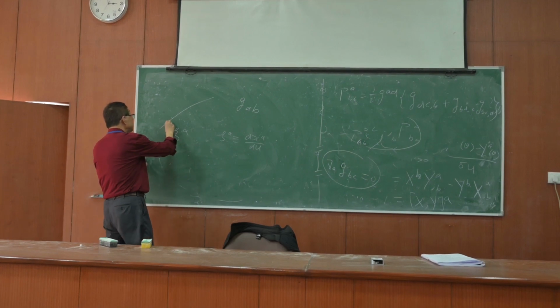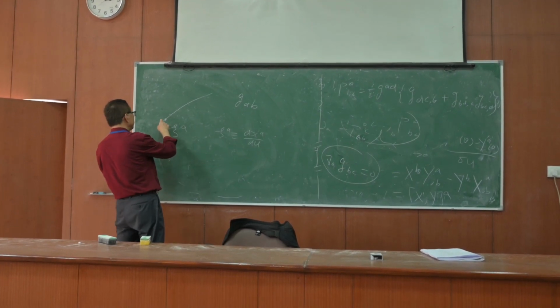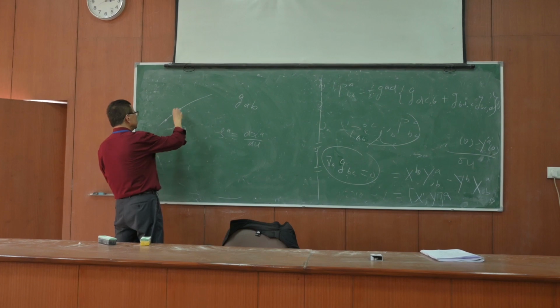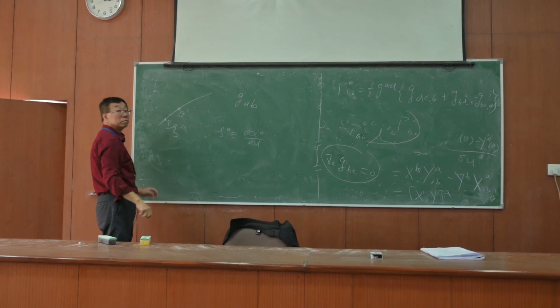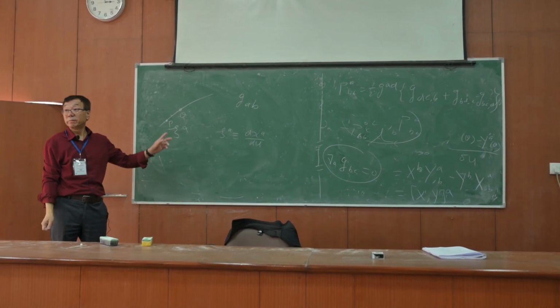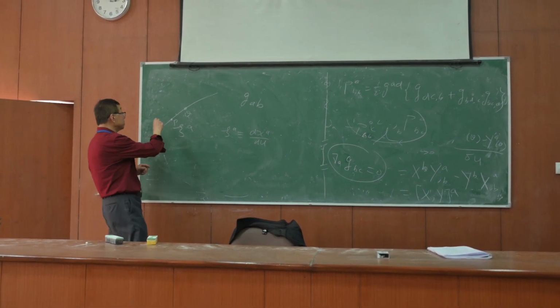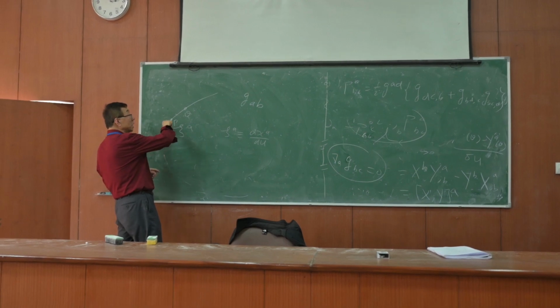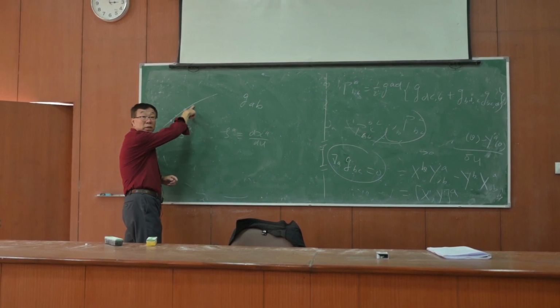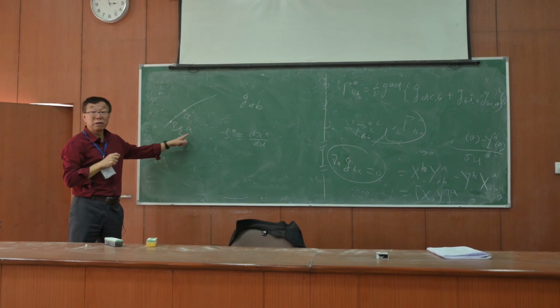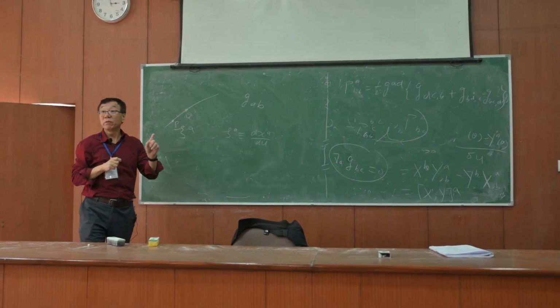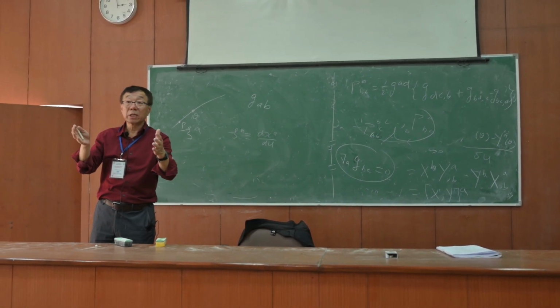So if my metric does not change from here to, let's say, P and Q, this is called isometric. My metric g does not change along this curve. This gives me actually the Killing vector. Killing vector gives me a space-time.